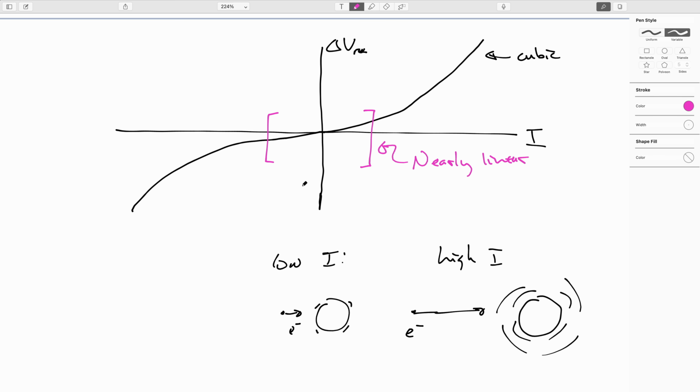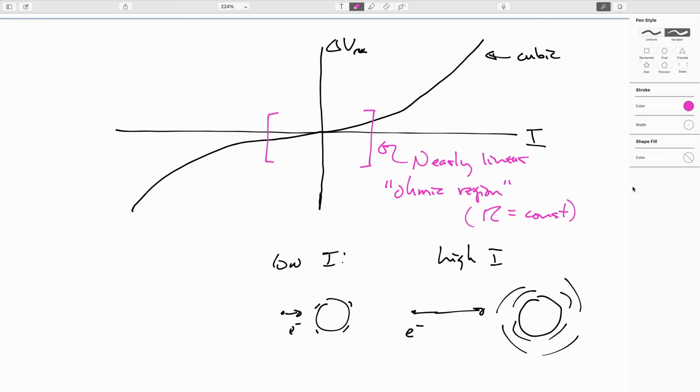And if we pinky swear to just operate our device in this range, this gets called the ohmic region of a device. And for an ohmic device, we can then model the resistance as being a constant.